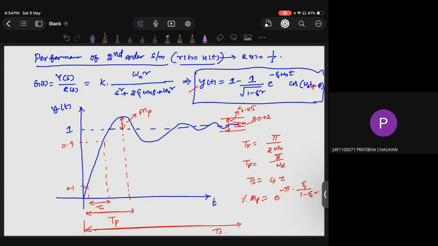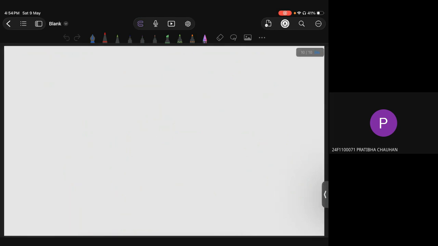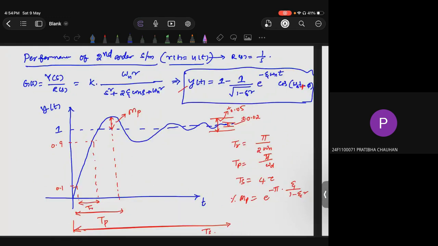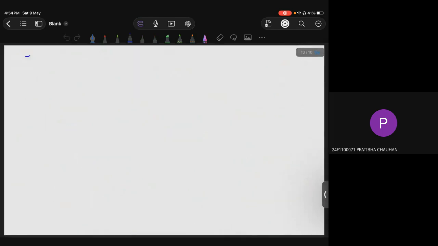Okay. So after performance techniques, we have these block diagram techniques also. Let's say, block diagram reduction technique.